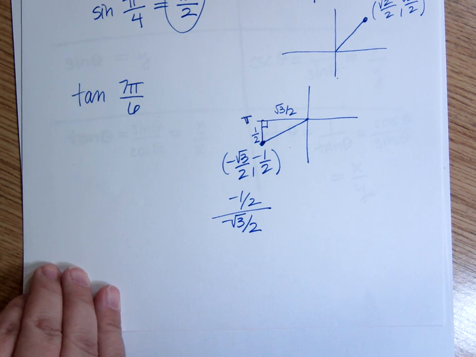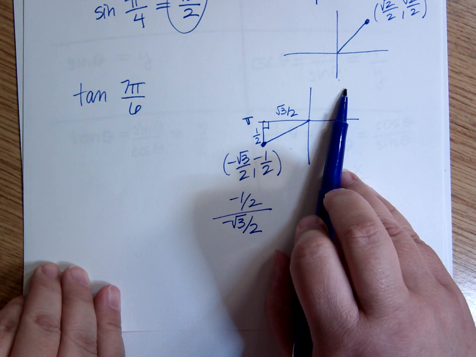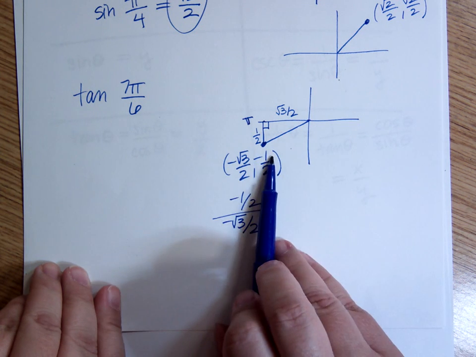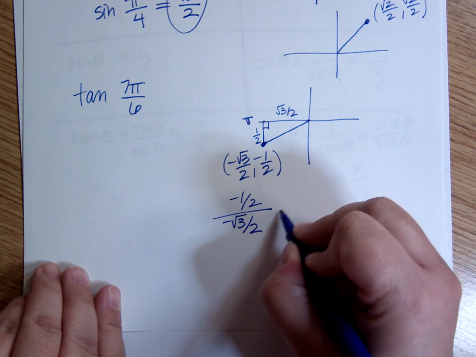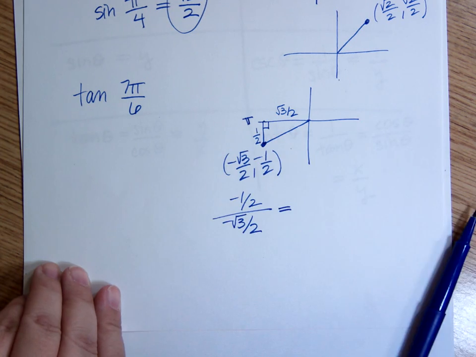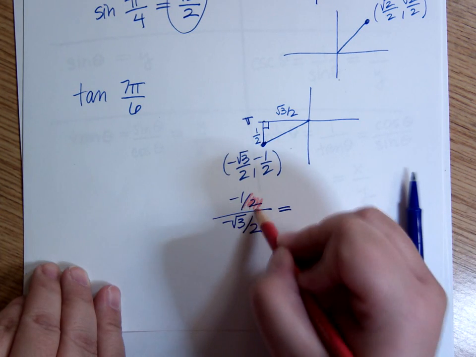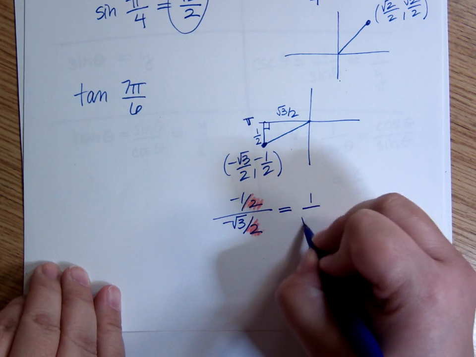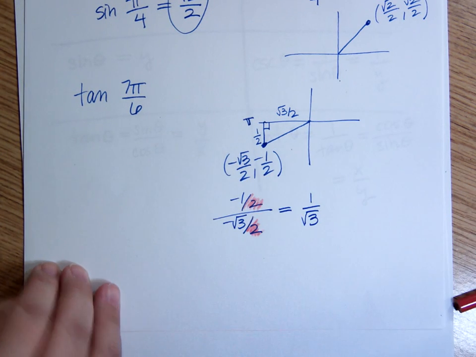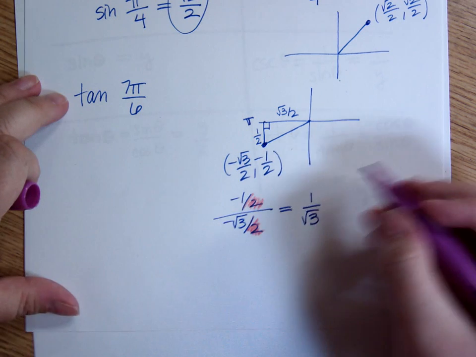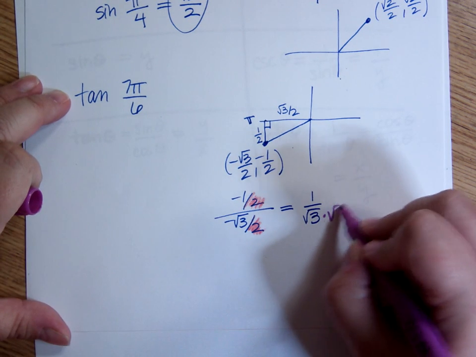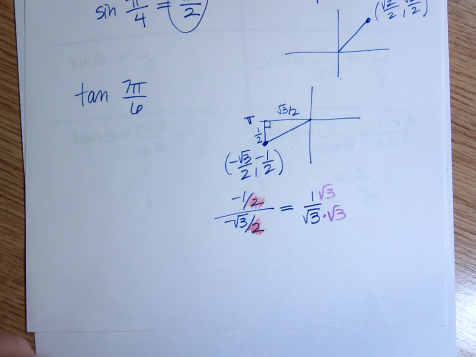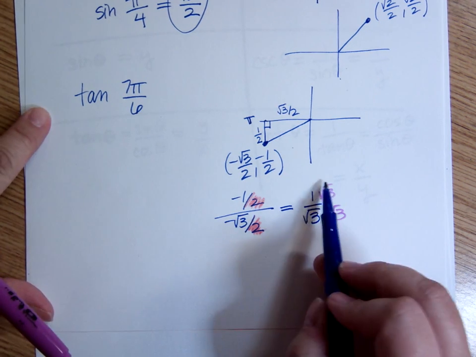The value of the tangent is positive in 2 places: first quadrant, because that's positive over a positive, and third quadrant, because it's negative over a negative. So this is going to be, remember we can cancel out those common denominators, positive 1 over square root of 3. I need to rationalize that, so I will do that. Times square root of 3 over square root of 3, and I will get as my answer square root of 3 over 3.